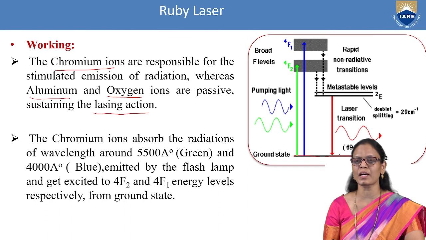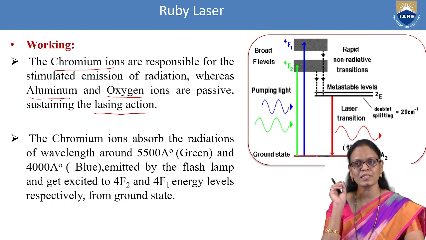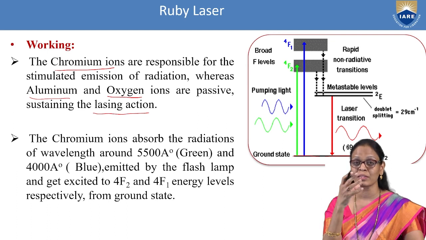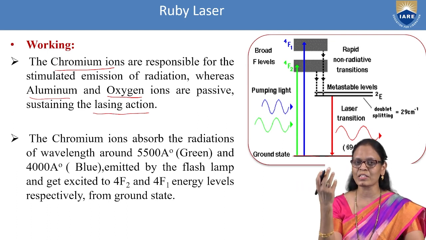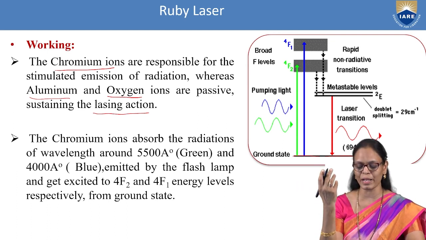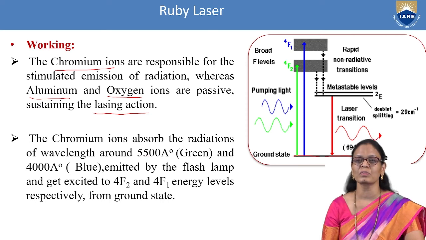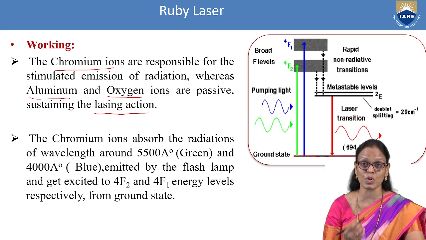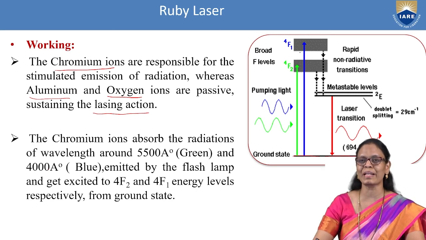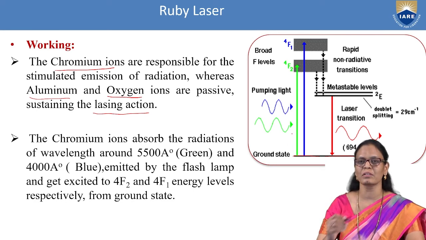The atoms which are in the ground state, once the flash occurs because of the xenon flash lamp, absorb the energy corresponding to the wavelengths 5500 and 4000. They are absorbing this energy and making the transition to 4F2 and 4F1 from the ground state.